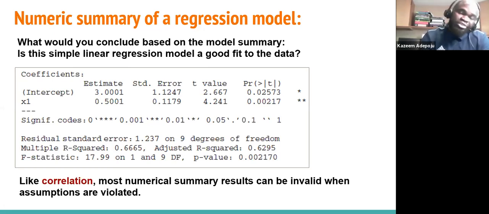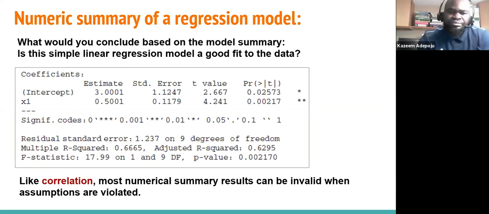I remember I told you the other time, I said a model is as good as the assumptions put into it. So what makes a model good is that we have been able to investigate such a model, and we find out that the assumptions are not violated. Because when the assumptions are violated, then the correlation and regression results that we got will not make sense. They will not be valid.